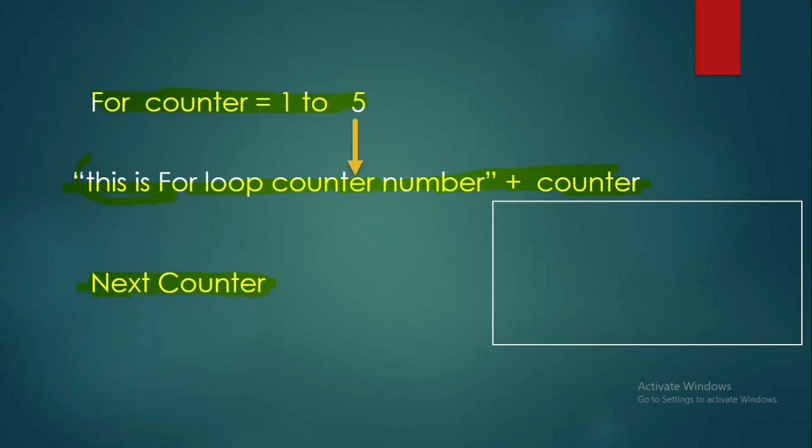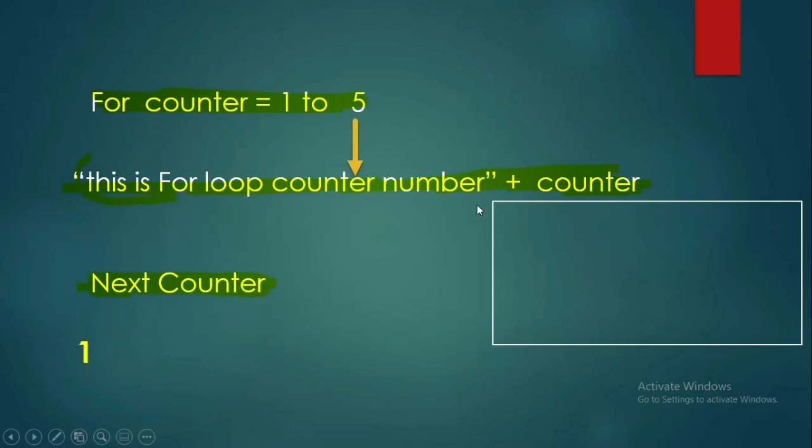You can also decide the initial number and the final number, so we are starting from counter 1 to 5. Every time, this counter will be increased by 1. So at the very first point, the value in the counter is 1.